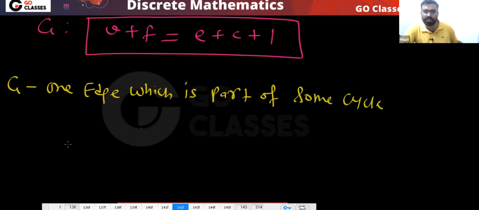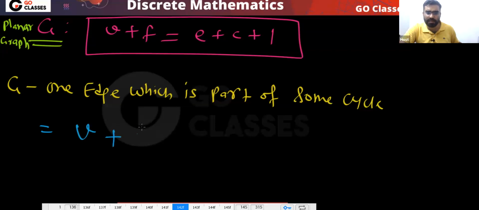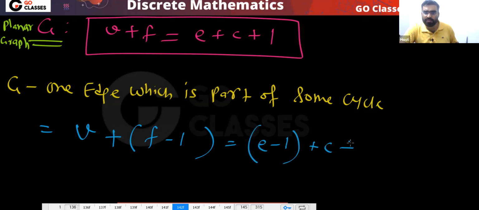Then the number of vertices will be the same, the number of faces will decrease by 1, the number of edges will decrease by 1, and the number of components will be the same.